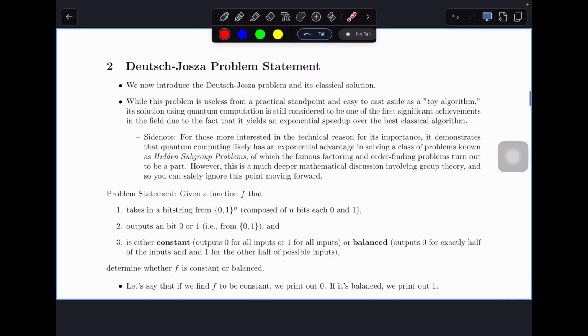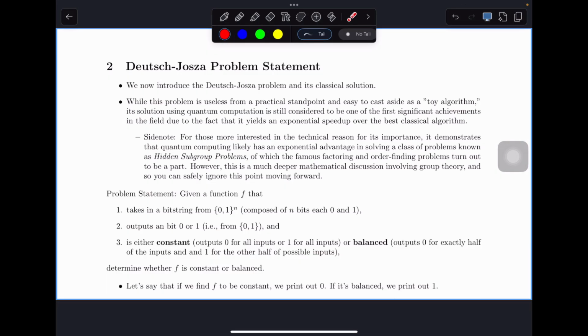Okay, let's develop our problem statement. What I'm about to say is completely useless from a practical standpoint. This problem is just a toy, so don't take it too seriously. Rather, step back, enjoy, and develop some intuition for what's going on and why there's a unique quantum edge here.